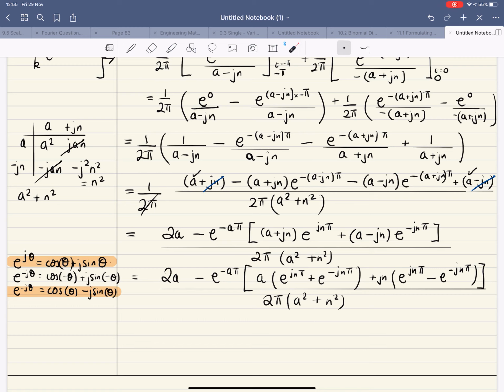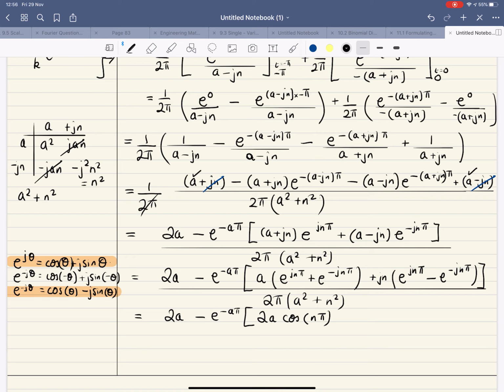Look, here we've got e to the j theta plus e to the minus j theta, with theta equal to n pi. So when we add these together, these bits cancel out. We end up with 2 cos theta on the top for that bit. So this bit is actually 2 cos n pi, because theta is n pi. So this is 2a cos n pi.